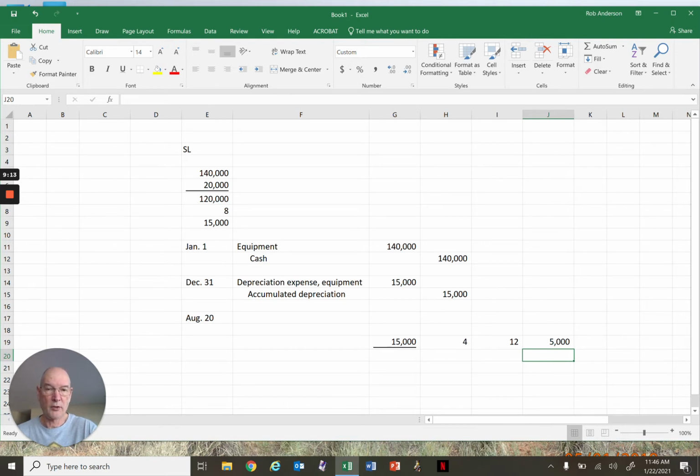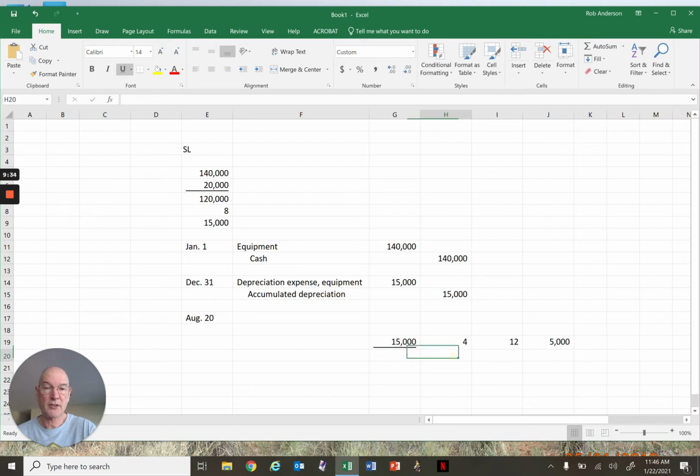Now notice 4/12 is a third of a year. A mistake you would be making is if you say, oh, 4/12 is a third of a year, I'll use 0.33. Well, 0.33 is not a third. Notice that 4/12 is exactly a third, and a third of 15,000 is 5,000.